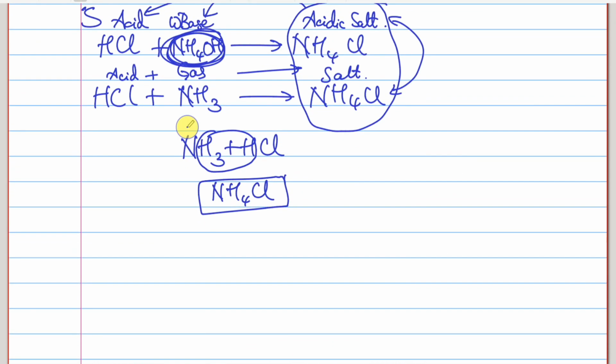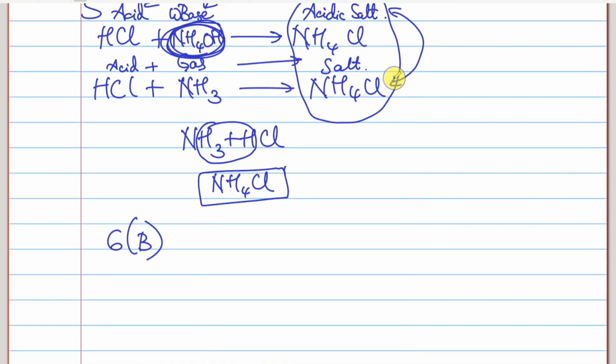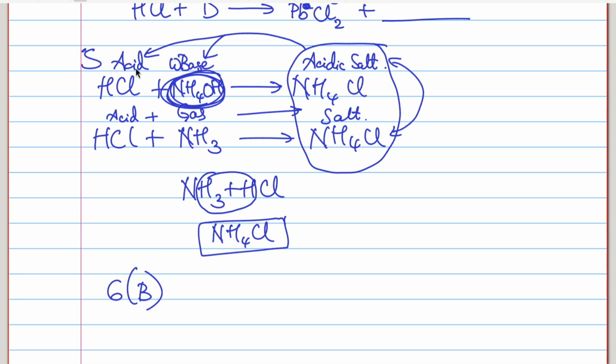Question 6, option B. Although both answers should have been correct, because both the reactions will take place, so the answer might have been B and C, but we will be favoring option B because a salt is being created, and salts are created usually by neutralization reaction.